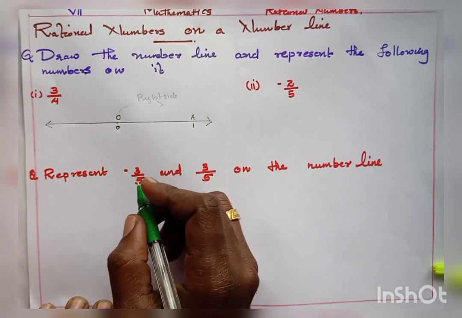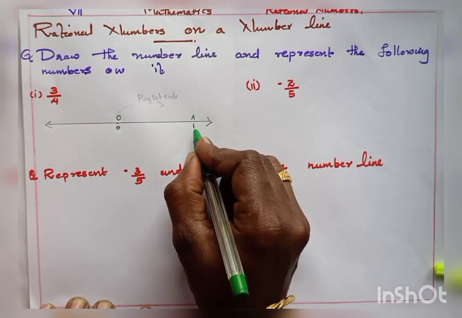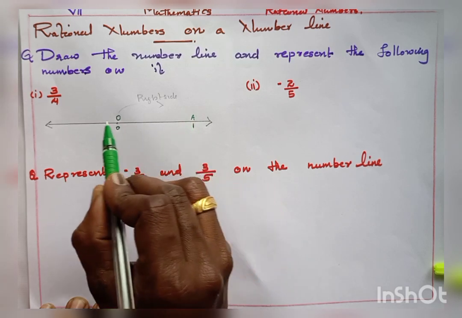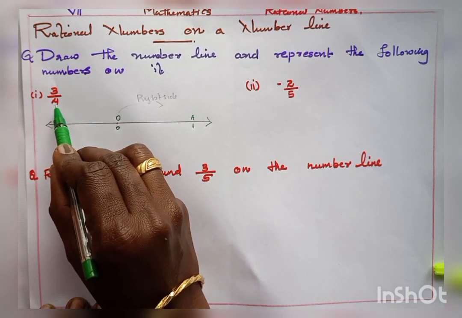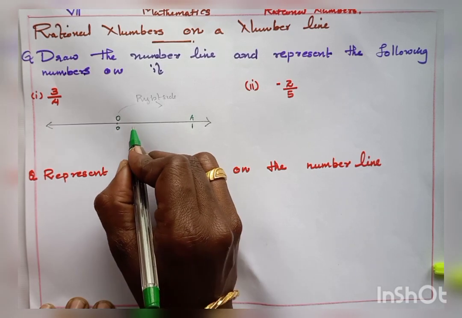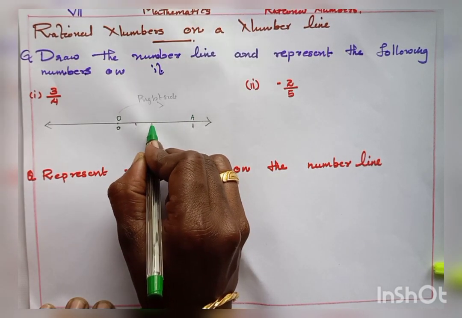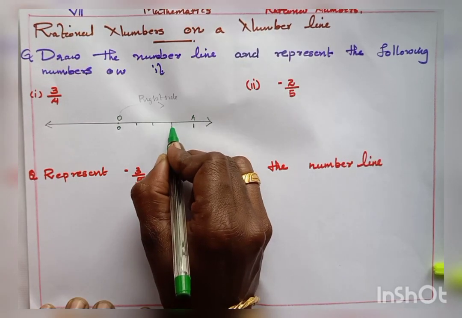Then this is 1 unit. See here the denominator is 4, so divide it into 4 equal parts: 1, 2, 3, 4.